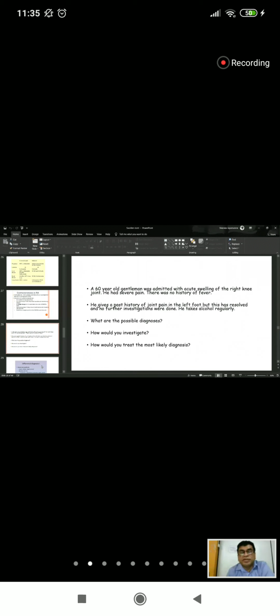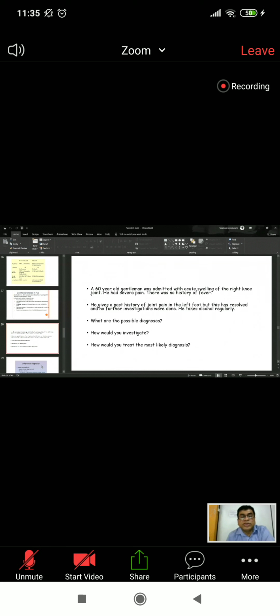He takes alcohol regularly. So it's a sudden onset monoarthritis involving the right first metatarsophalangeal joint. What is the most likely diagnosis? I think it's an easy illustration. You should be able to give the most likely diagnosis.